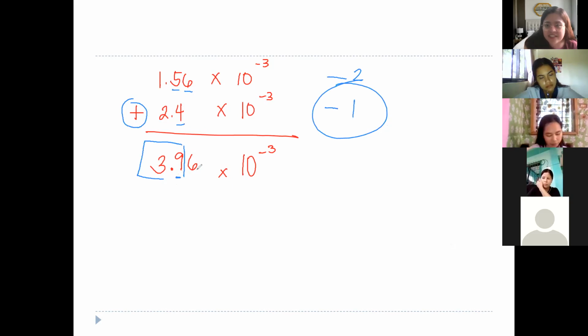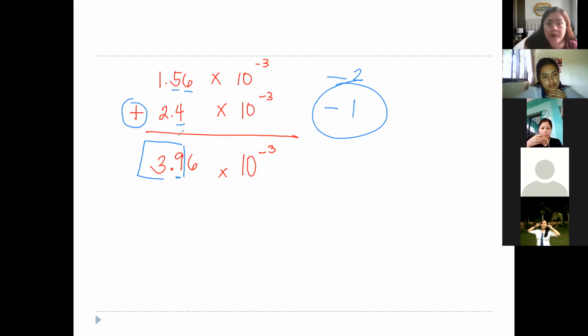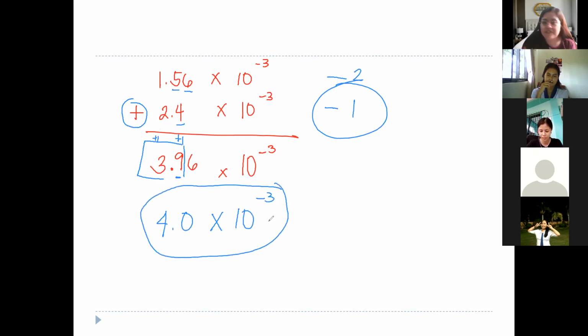This is 6. Round off, plus 1. We add 1 here. When we add 1 here, it becomes 4.0, ma'am. Okay, it becomes 10, so we add 1 again here. This will become now 4.0 times 10 raised to the power of negative 3.